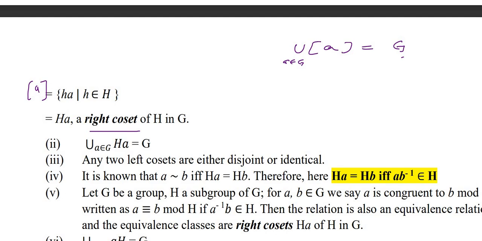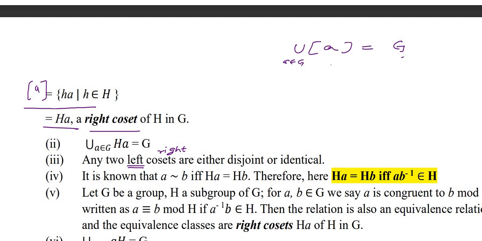We have the union of all HA, because just now we proved that class A is nothing but our right coset. So the union of all right cosets is the entire G. In this case we have got only right cosets, but the same thing can be established for left cosets.